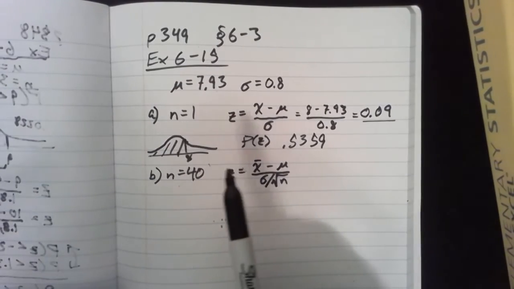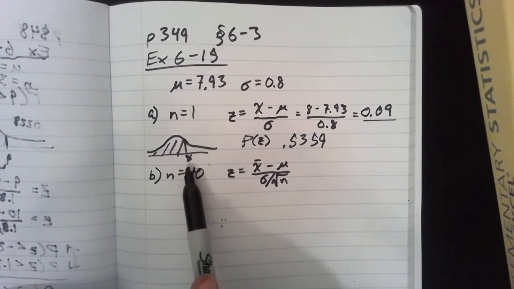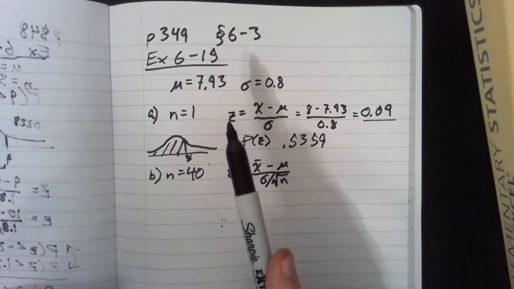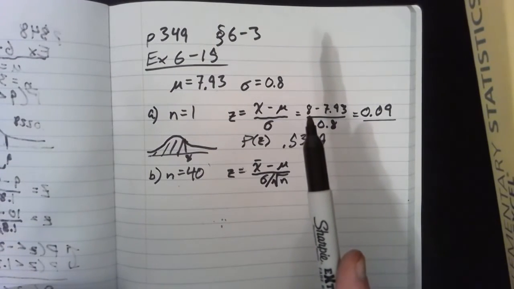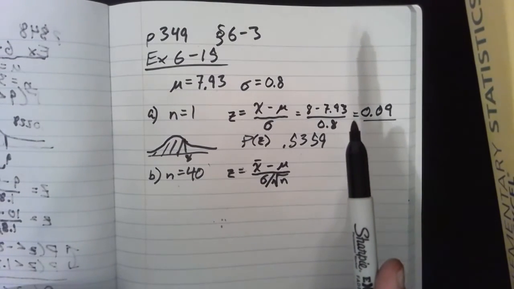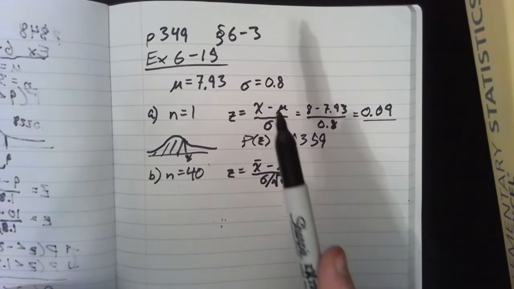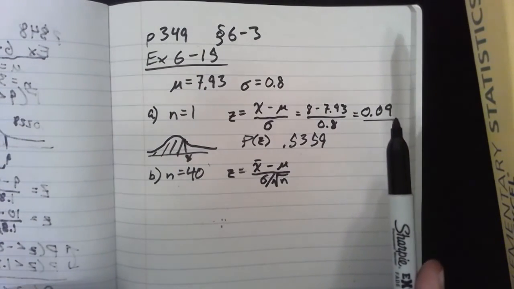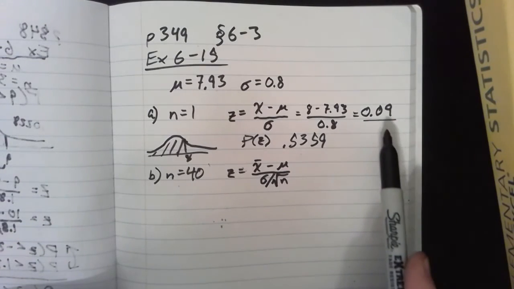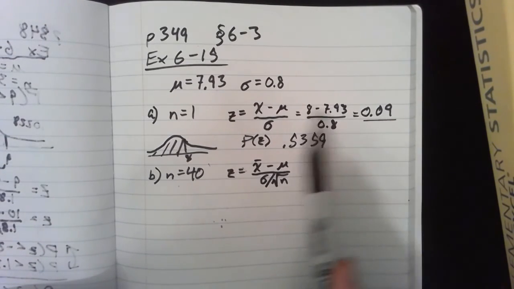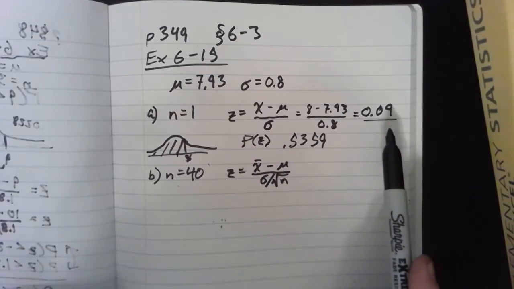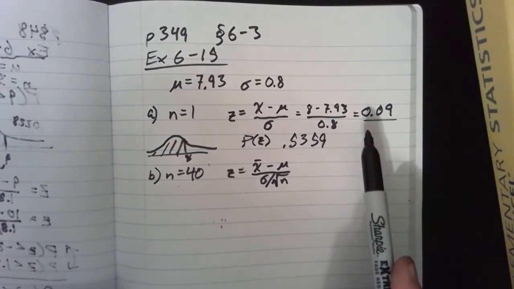Okay, so what happened here? I sketched the distribution. Here's 8. And we went ahead and calculated the z-score as 8 minus 7.93, divided by 0.8, because here we're just using sigma. And we get 0.09, right? So that's to be expected. We're real close to the average value, so our z-score is going to be real close to 0, right?